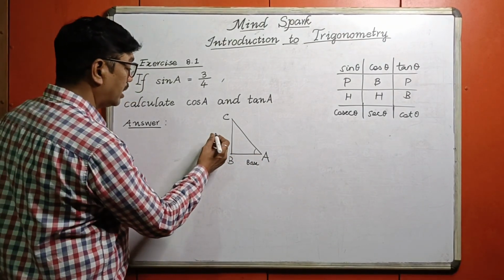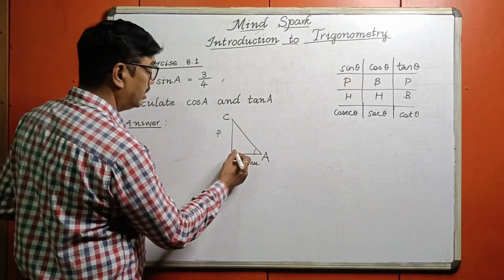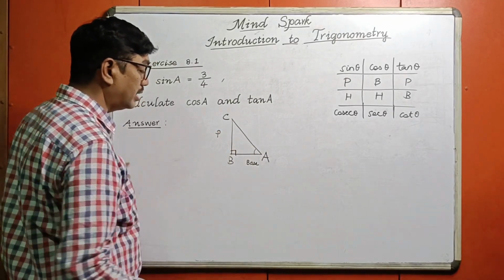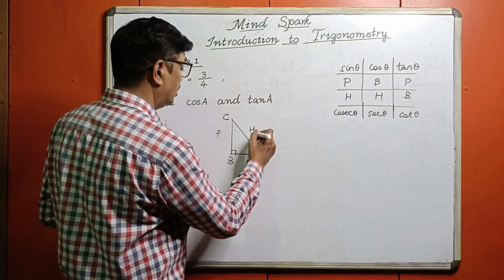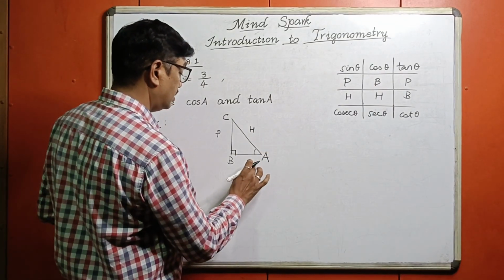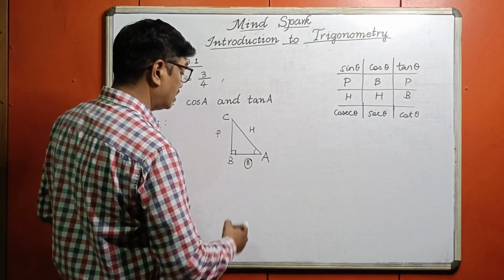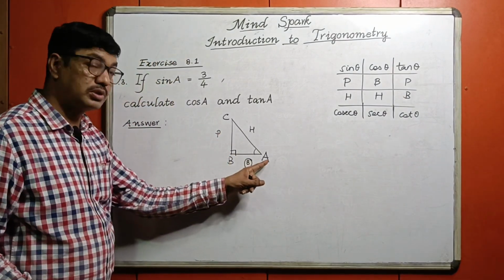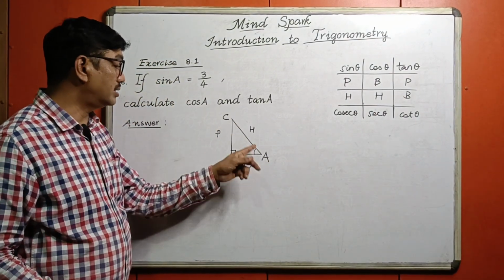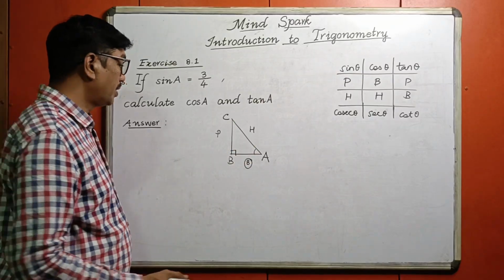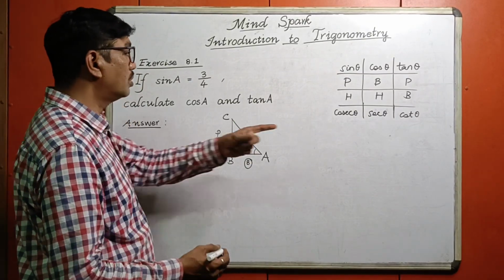You can write it as perpendicular, and opposite to 90 degree is your hypotenuse, so hypotenuse is H. So you have base or adjacent side, BC is your perpendicular and AC is your hypotenuse. Now you know what is sin theta?